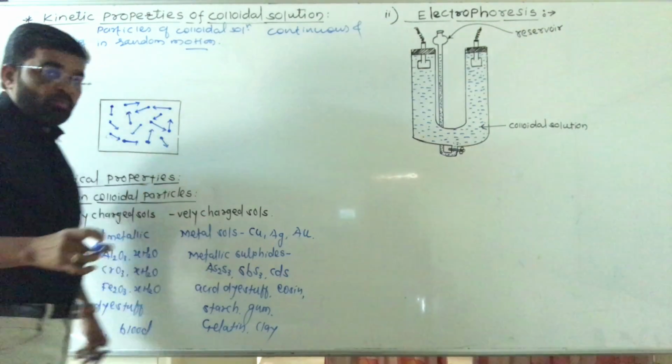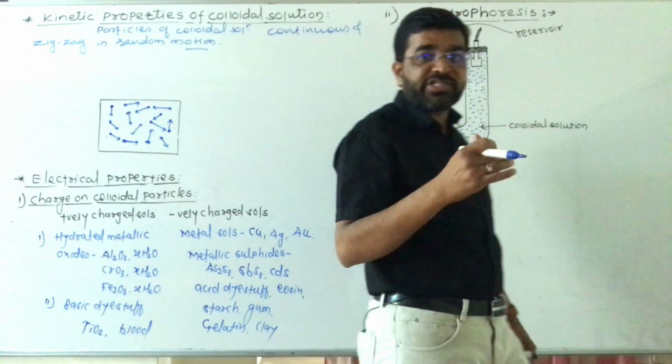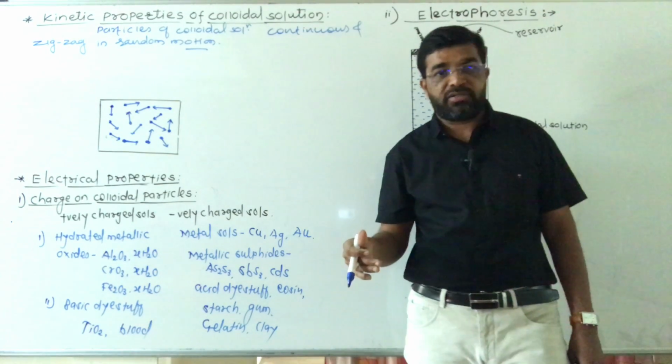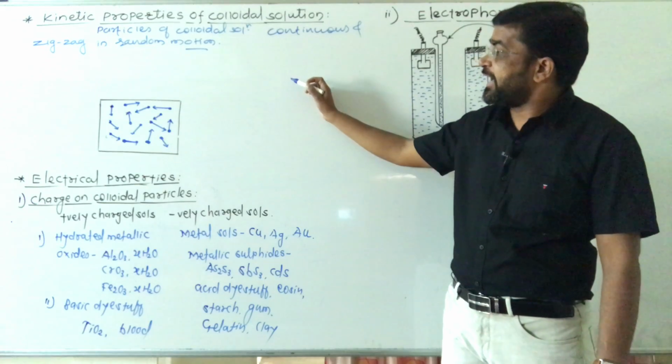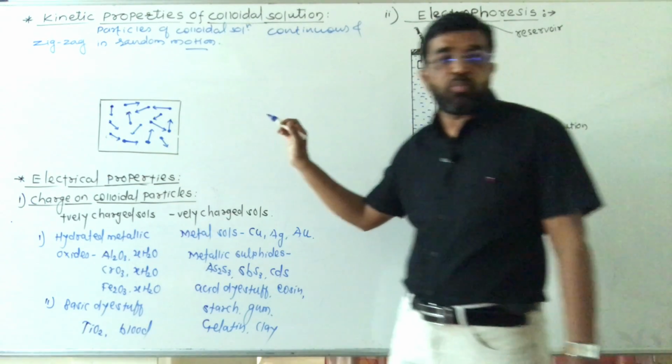This motion of the particles in zigzag manner in random direction is called the Brownian motion.